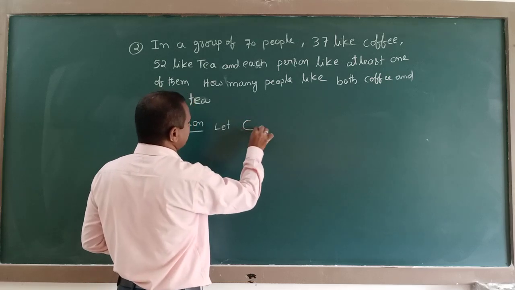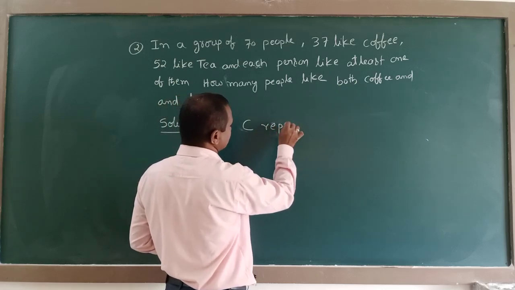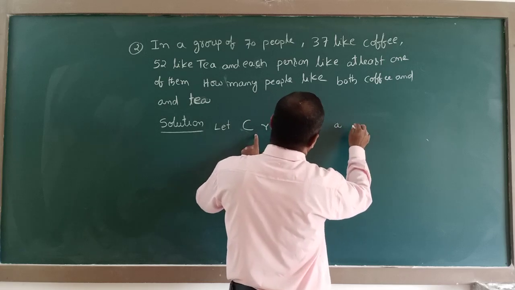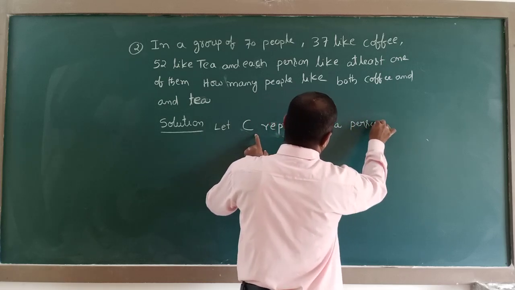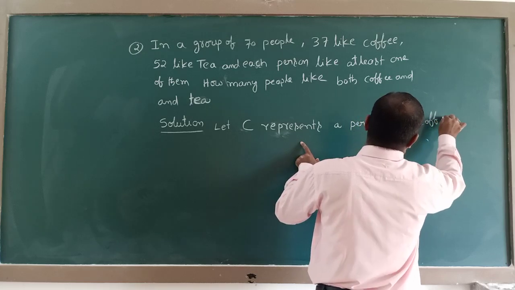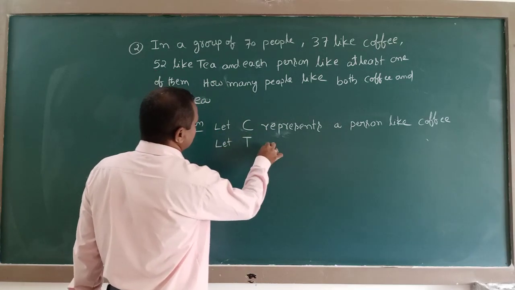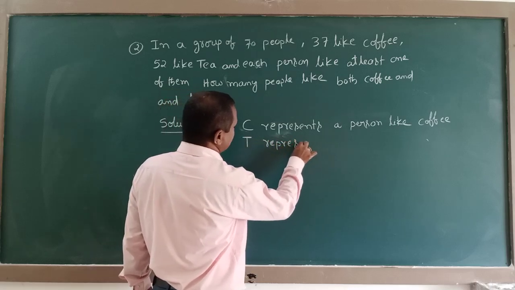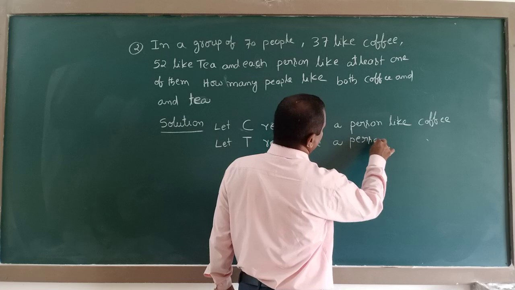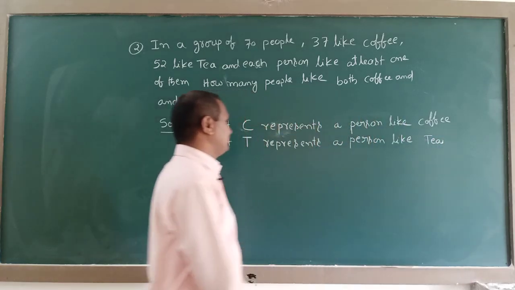Let capital letter C represent a person who likes coffee. And let T represent a person who likes tea.